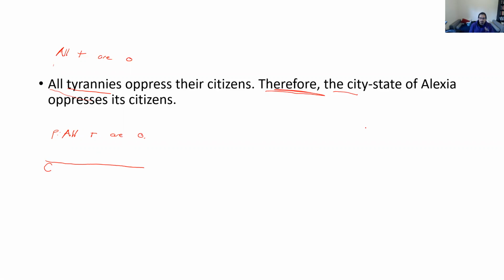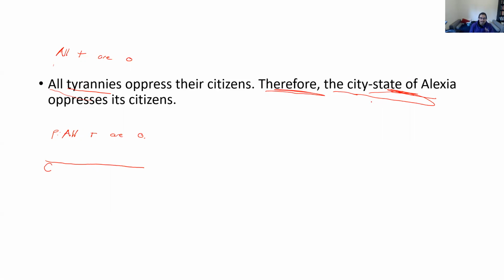And we remember from earlier lessons on translations that when we translate the proper noun, so any kind of singular proper noun, such as the city-state of Alexia, we're not talking about just one city that is called Alexia. We're talking about every city that is called Alexia, that is this city of Alexia.